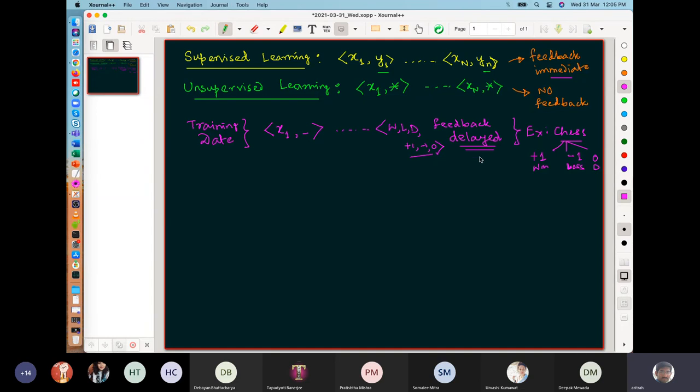That is what we mean by delayed feedback. How can we learn such behavior? We need to devise a mechanism or a policy by which, if we follow that policy, our reward or feedback will be maximized. This is the field we call reinforcement learning.